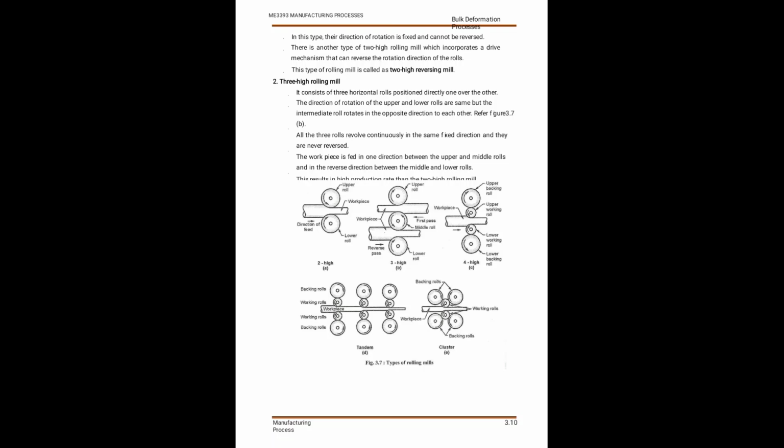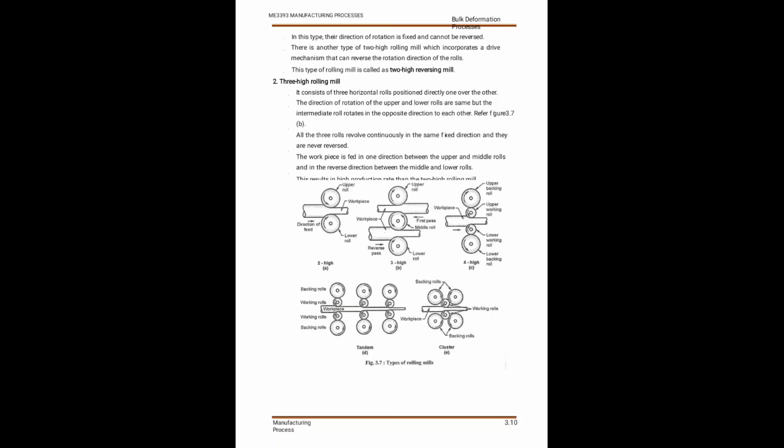There is another type of two-high rolling mill that incorporates a drive mechanism that can reverse the rotation direction of the rolls. And the second one, the three-high rolling mill. It consists of three rolls positioned directly one over the other.